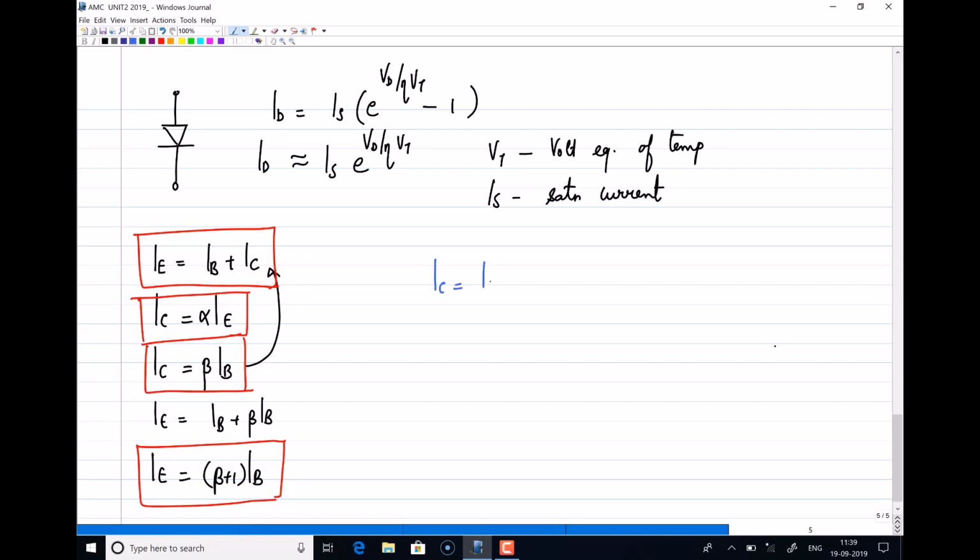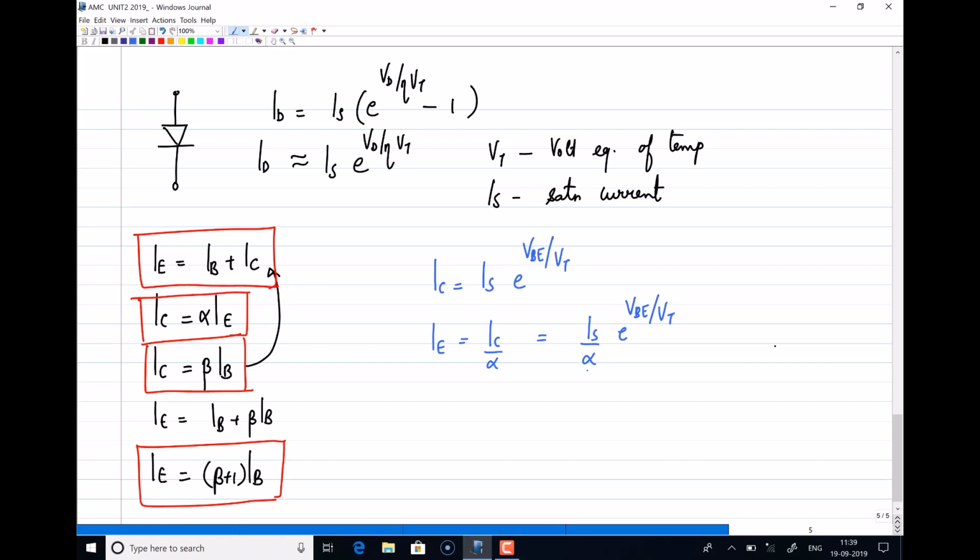Now with the same thing, I mentioned IC as IS into e to the power of VBE by eta VT, or simply VT. If IC is this, how can I write IE? Because IE is IC by alpha, right? So it is IS by alpha into e to the power of VBE by VT.